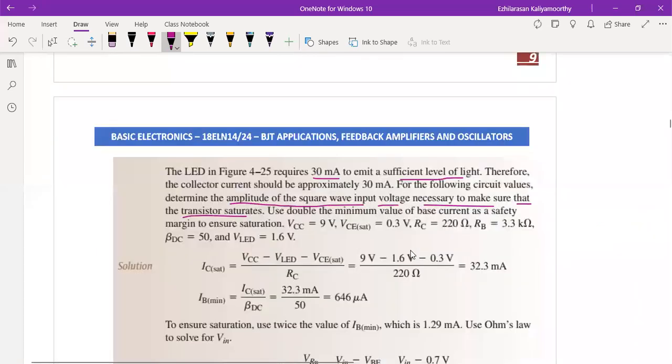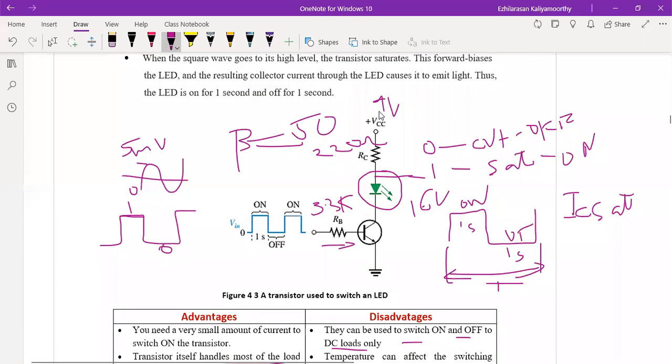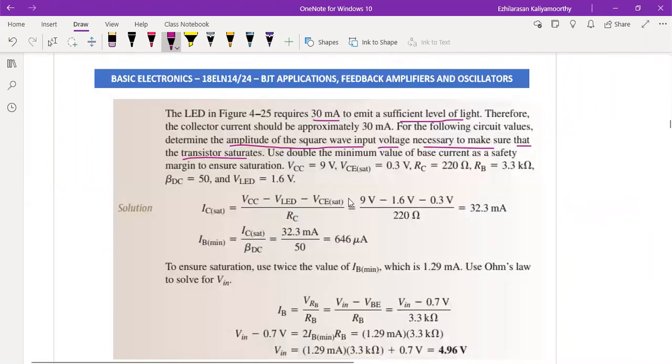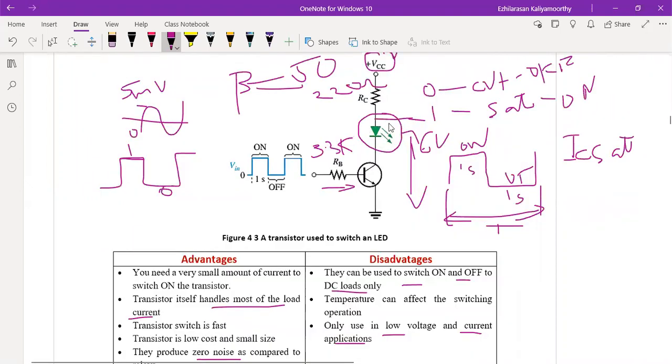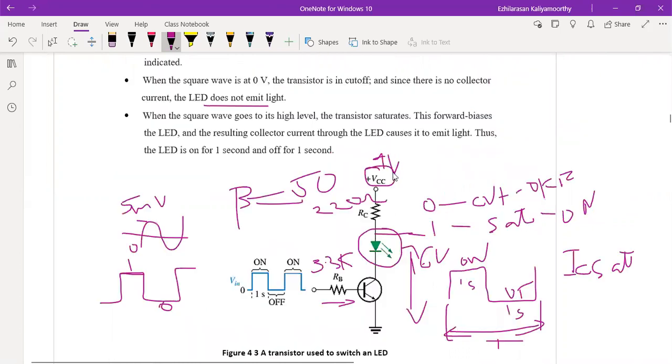So how can we find the IC sat here? The formula will be like this. IC sat is nothing but the voltage, which voltage? This voltage, that is VCC, because I need to find out this voltage. This voltage is VCC minus the LED voltage, because the LED also will drop voltage. That voltage is also given in the question.